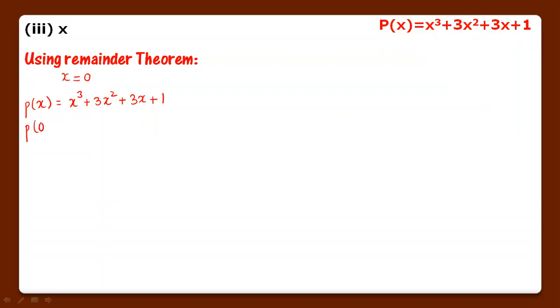We'll replace x by 0 here. 0 cube plus 3 into 0 square plus 3 into 0 plus 1. 0 plus 3 into 0 square, 0. 3 into 0, 0, and 1. So finally we got our remainder, which is equals to 1.